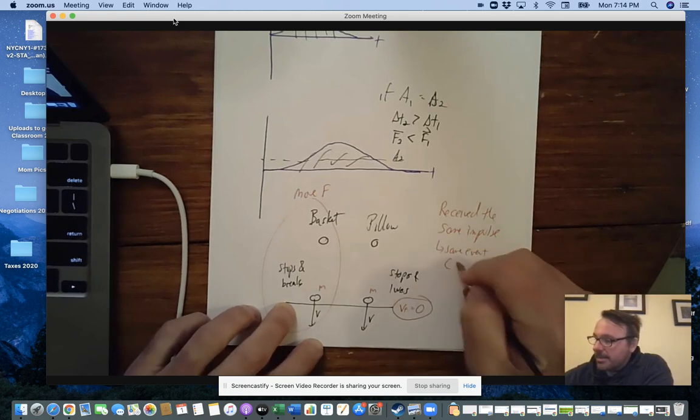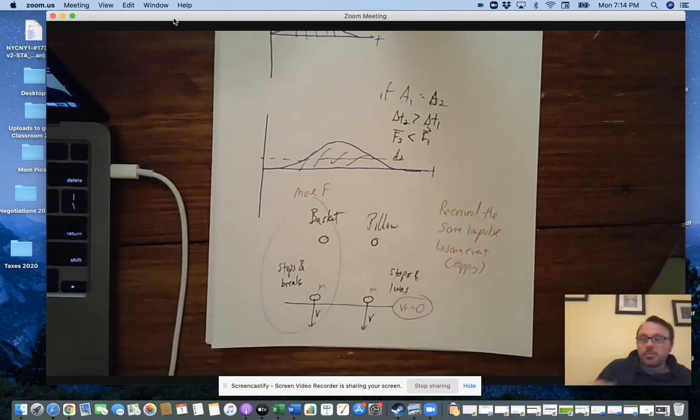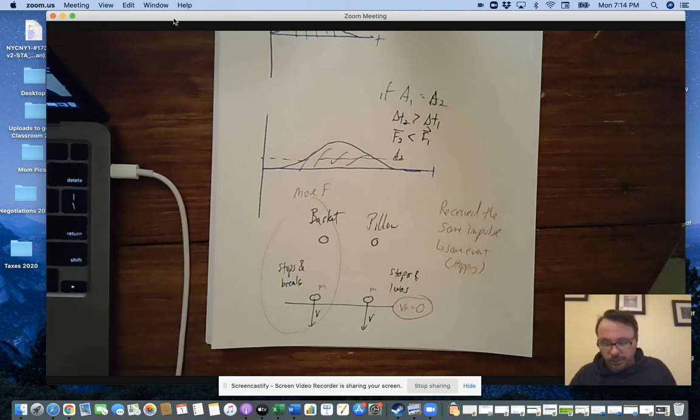Same event, stopping. But one egg lives and one egg dies. Why? Well, you may think to yourself, well, the pillow is fluffier and squishier, has more give. And that's right. But I can't put a number to give or squishiness. What I can put a number to is exactly what we talked about, which is time.